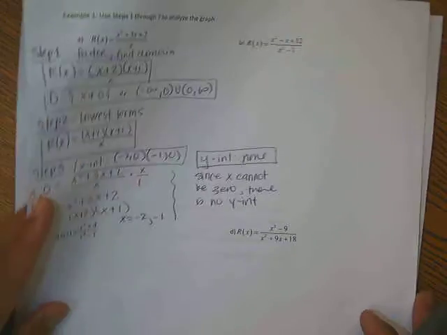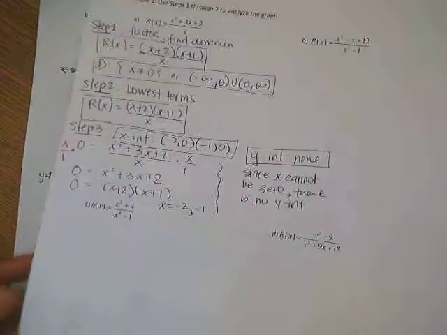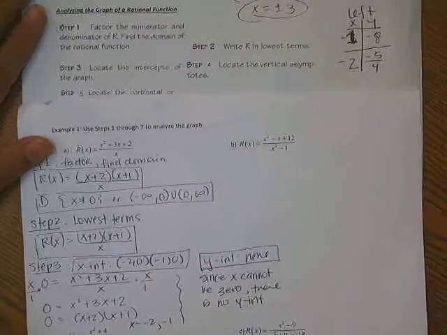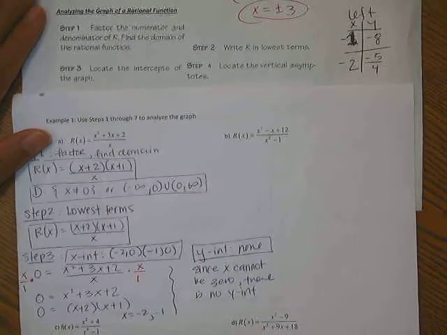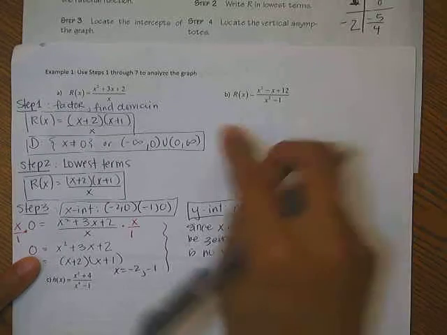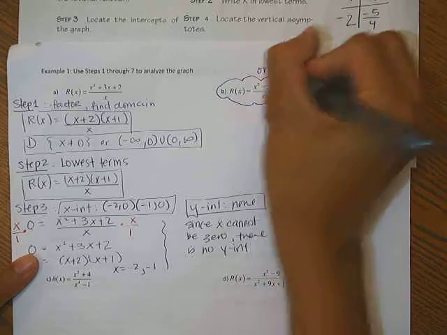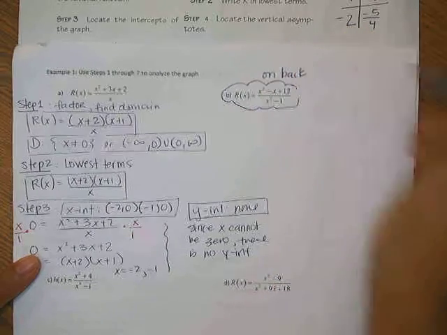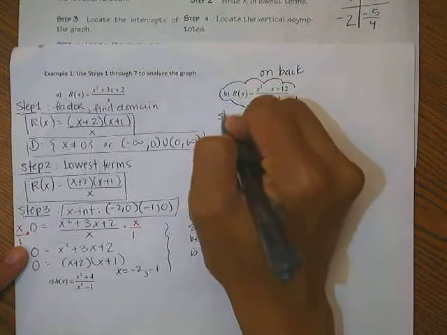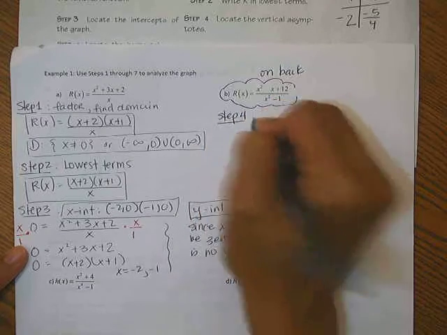The next step in the directions said locate the vertical asymptote. So step 4, try to be neat on your notes so you can follow.